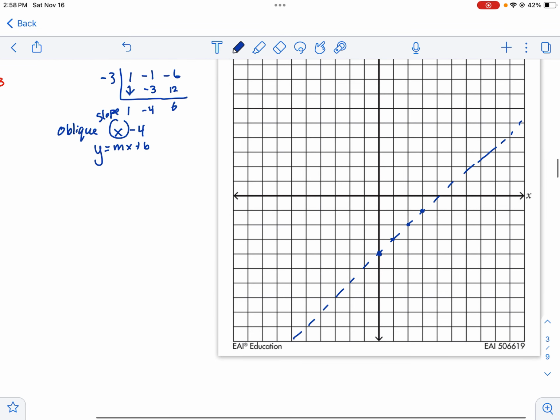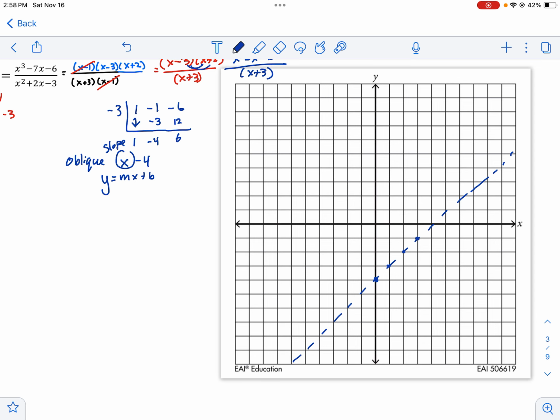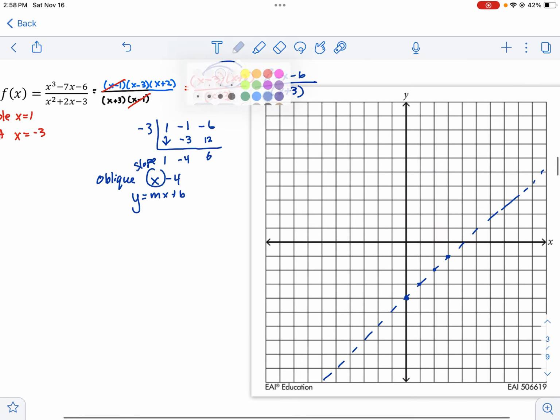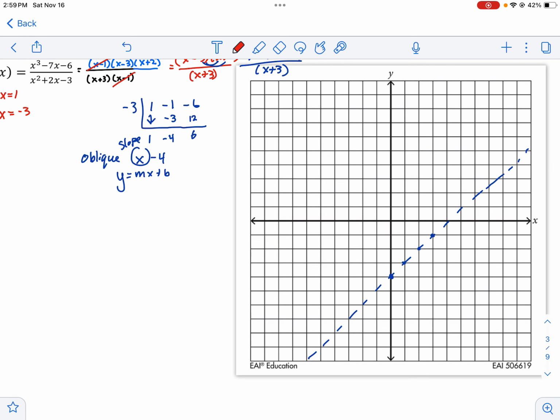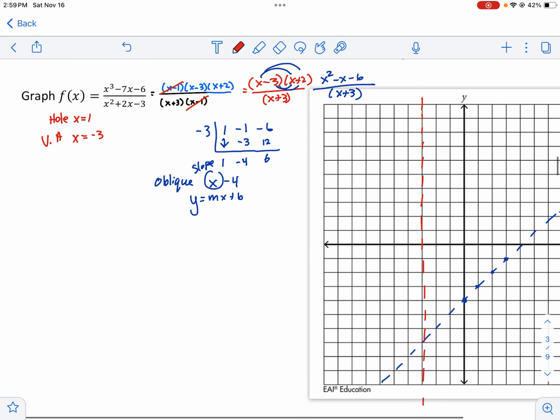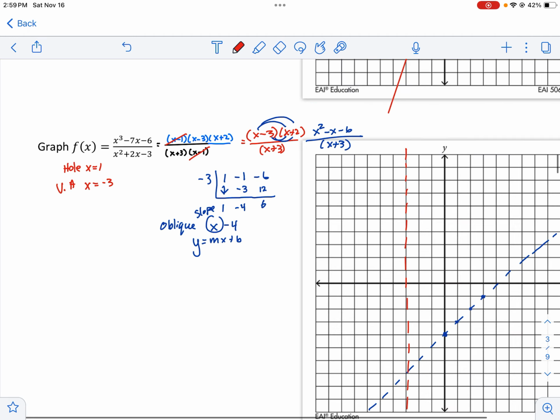So that's an oblique asymptote. And then let me pair that up with my vertical asymptote at negative 3. And then find your x-intercept, your y-intercept.